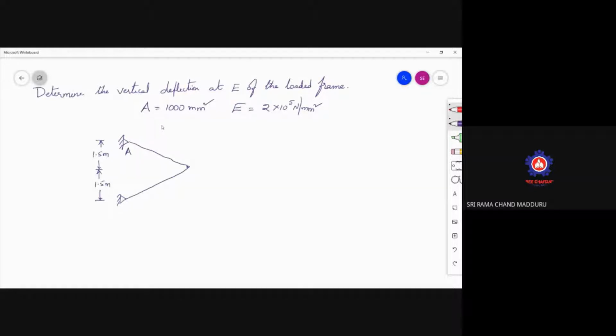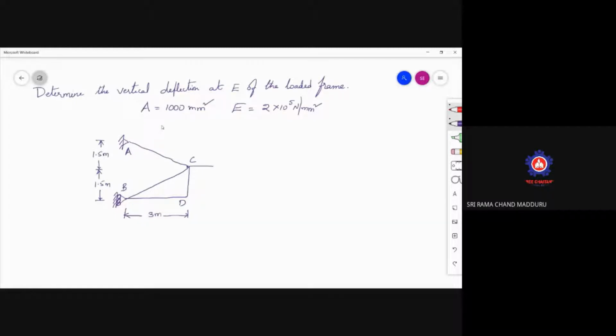This support is A. This support is actually a roller support, please make a correction. This one is B. The joint is there, C. Divisions of 3 meters. This is C. This is D, joint D.